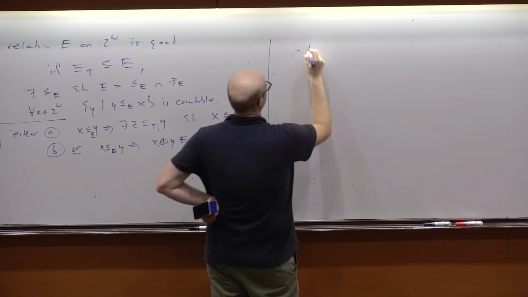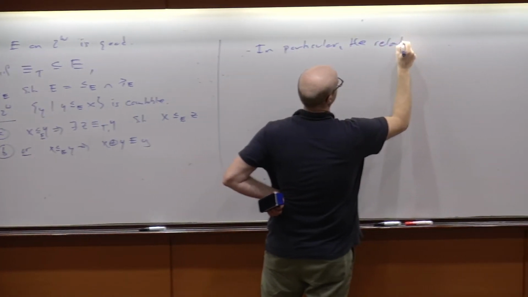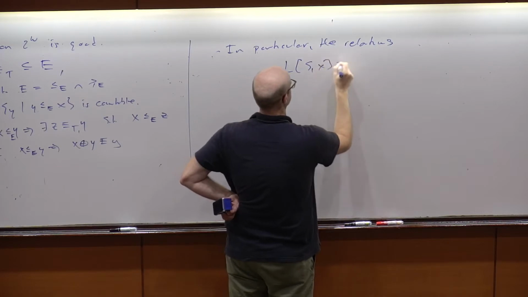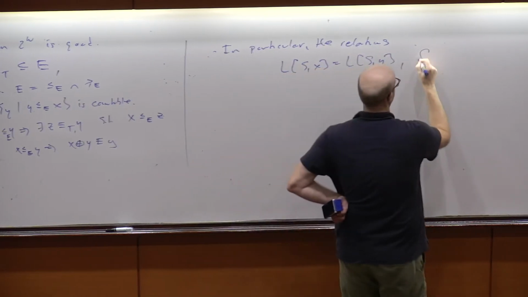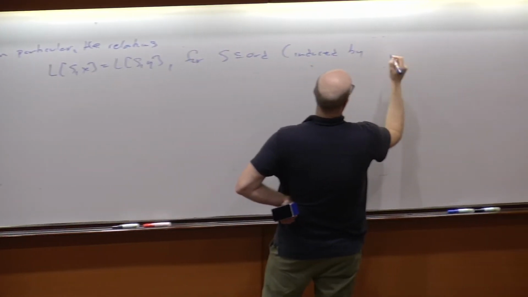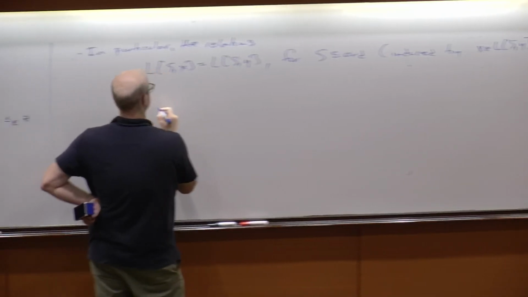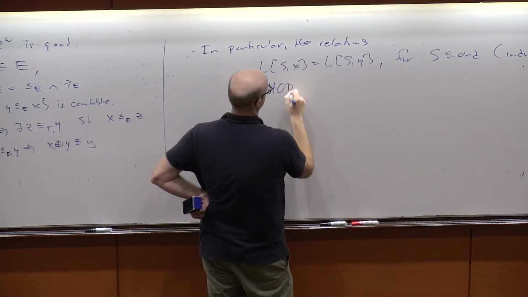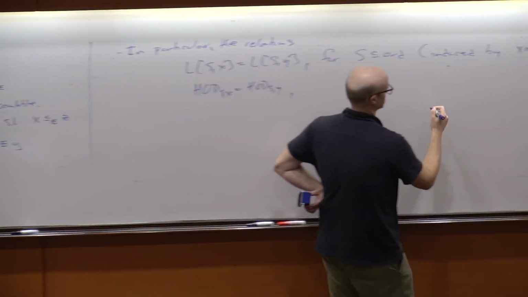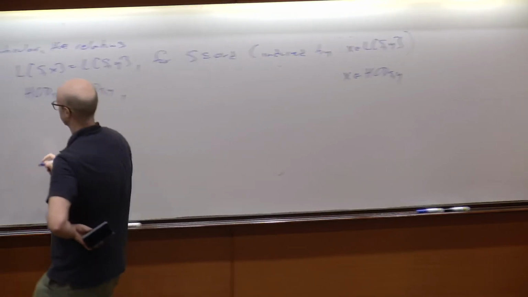So in particular, the relations L of Sx equals L of Sy, for S contained in the ordinals, induced by the relation x is in L of Sy, or the relation Hod sub Sx equals Hod sub Sy, again for some S contained in the ordinals, induced by x is in Hod of S sub y, are good in this sense.